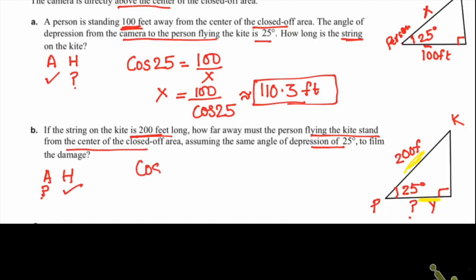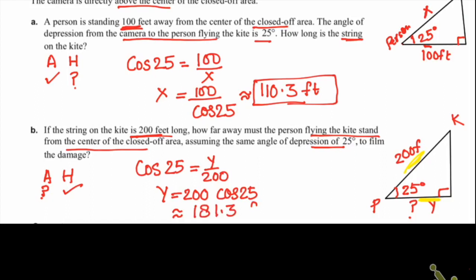I will be using cosine of 25 degrees. That's adjacent over hypotenuse, that's y over 200. Cross multiply, y is 200 cosine of 25. When you simplify it, you get 181.3 feet. The person has to stand this far from the center of the brush fire, the closed off area. So I hope you get it.